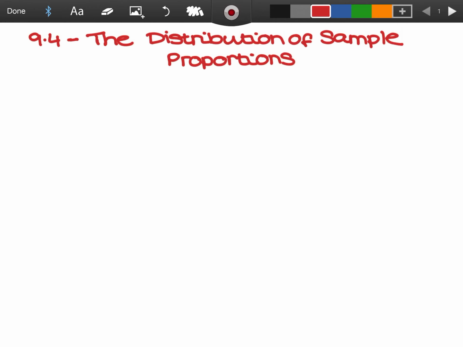So we're going to take a whole population. Let's say you've got a production line for a manufacturer. You want a rough proportion of how much of this production line is faulty. So they want to see how many of their components are defective, let's say.